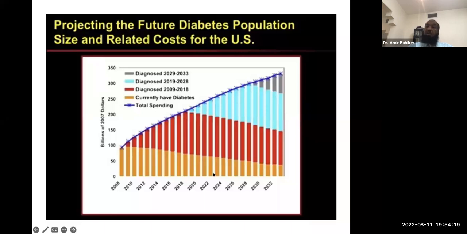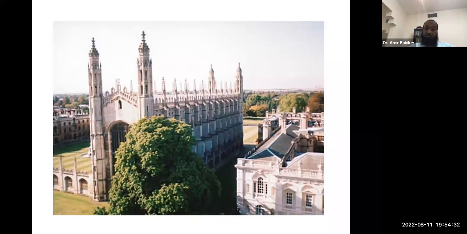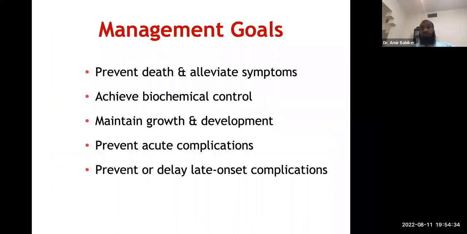So it's not a simple disease, and it is increasing in incidence and putting a financial burden on these communities. This is King's College in Cambridge.